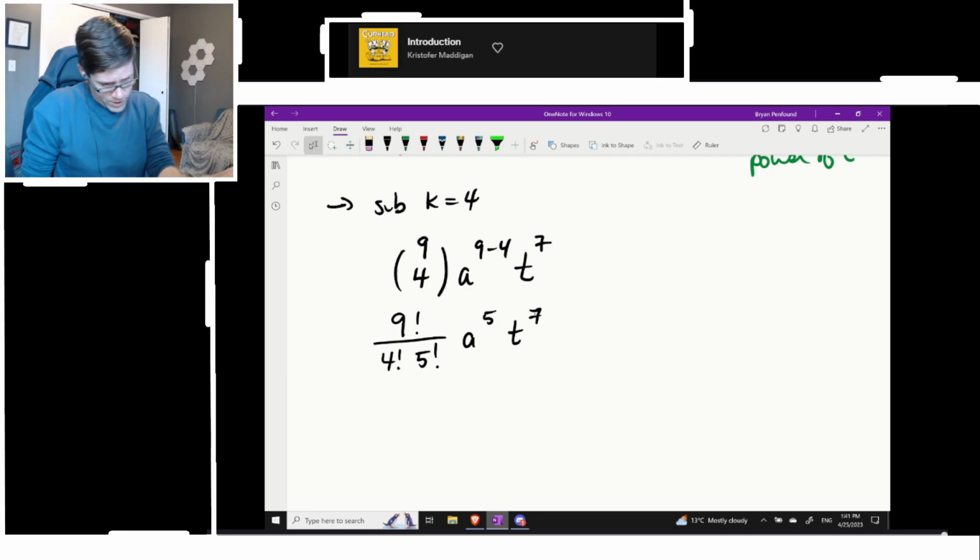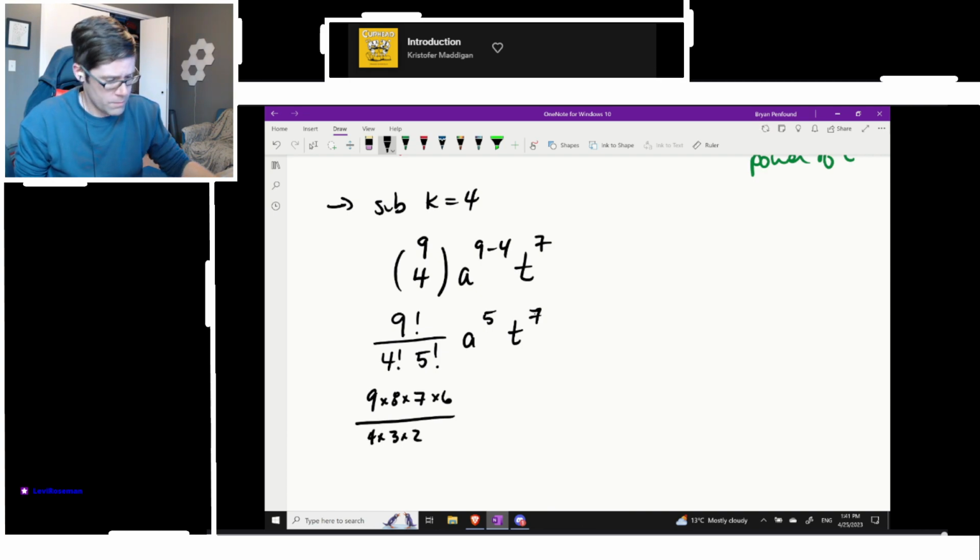Okay, so this is 9 times 8 times 7 times 6. The 5 factorials cancel. And then we have 4 times 3 times 2. 4 times 2 is 8. So we can probably do something like that. We can get rid of one of these factors of 3.